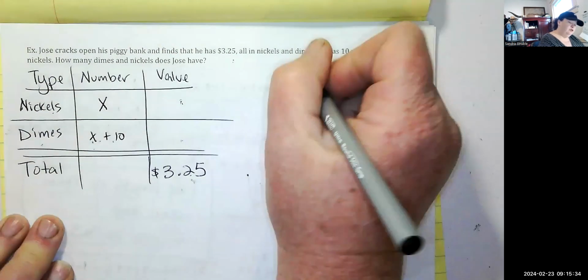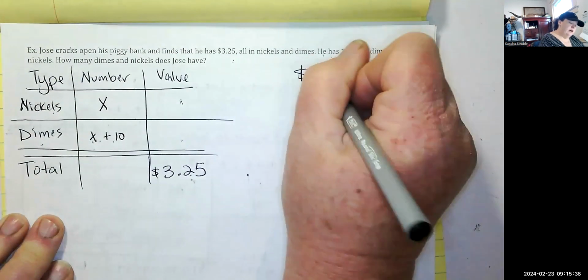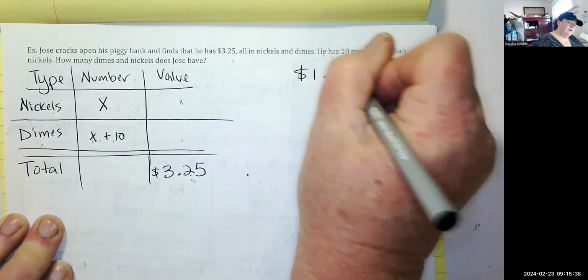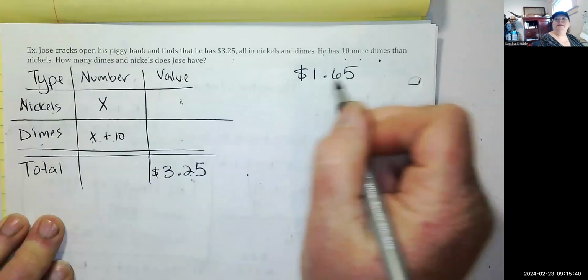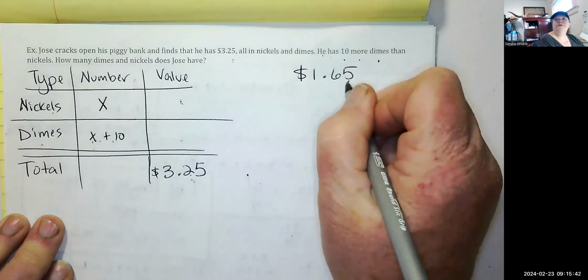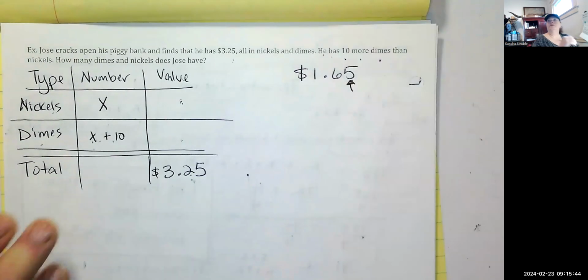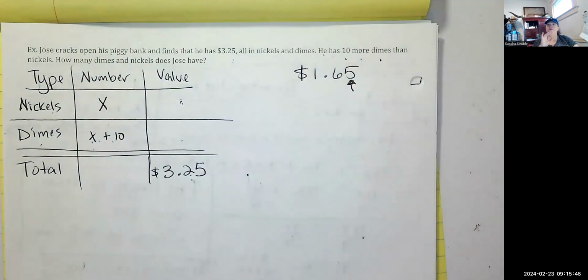When you're looking at a value of something, the lowest number you need to round to in money is always the penny. The penny is the smallest coin or the smallest currency that we have in the United States. So we always need to represent up to the penny.